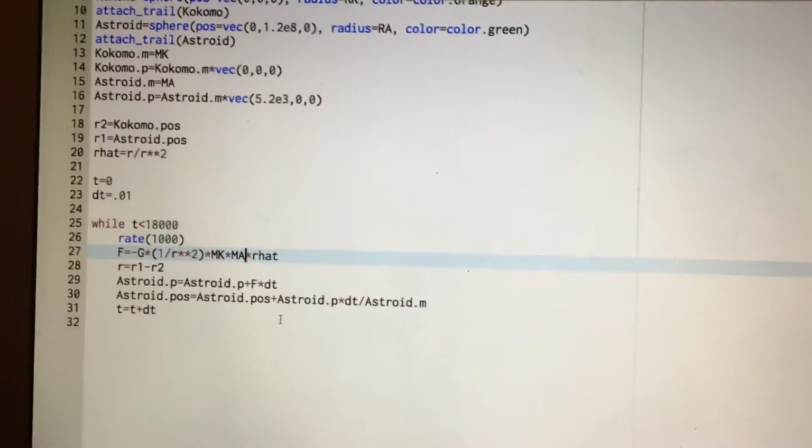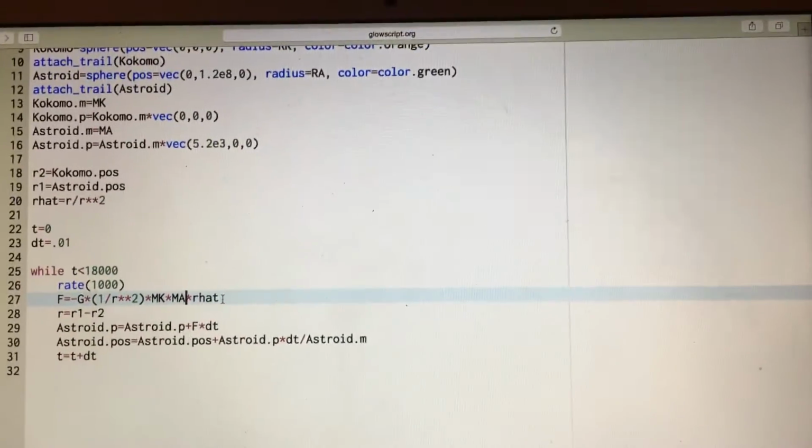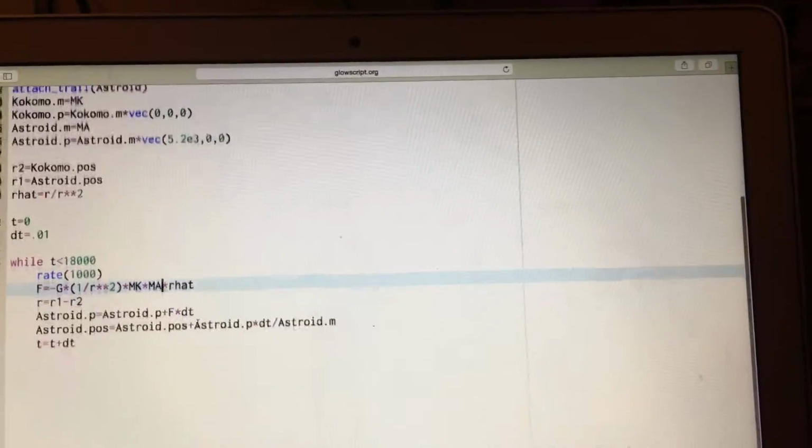And then we multiply this by the r hat, the unit vector, to give the direction of the force.